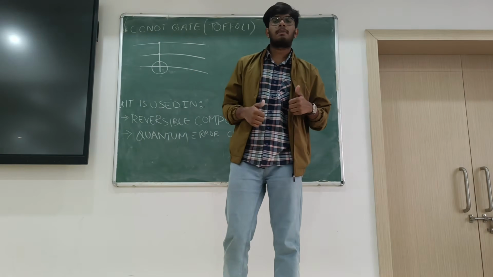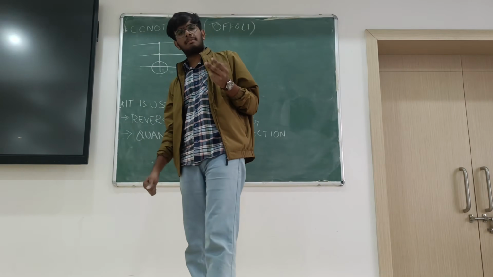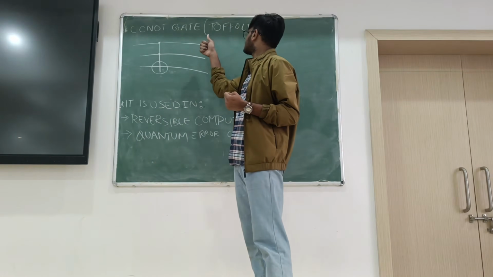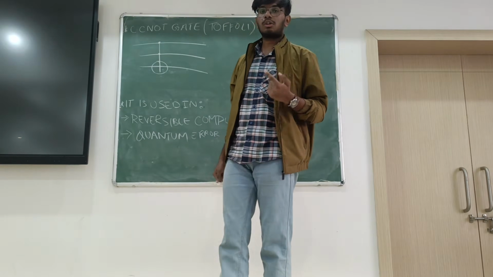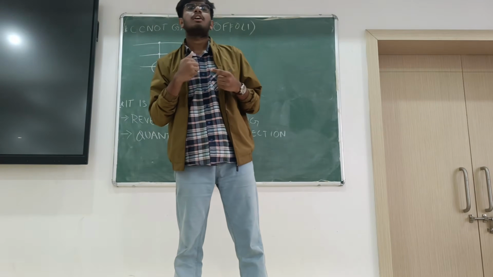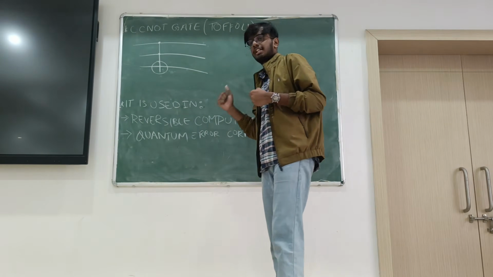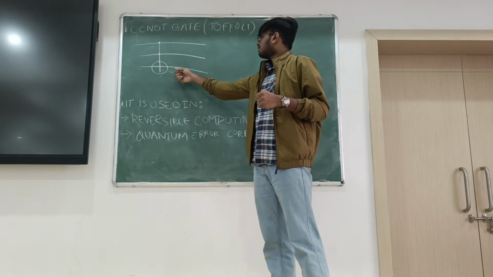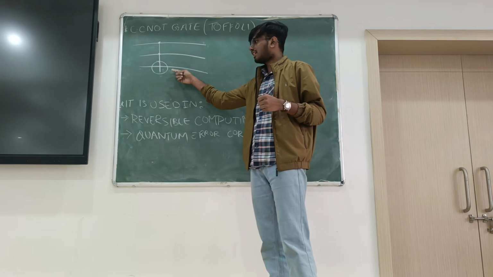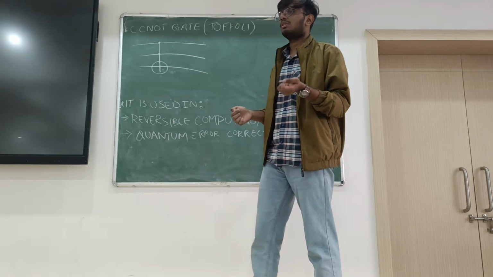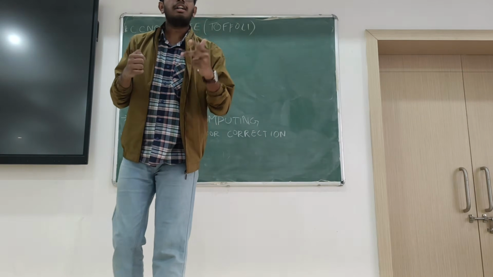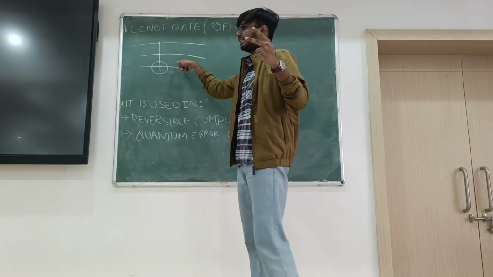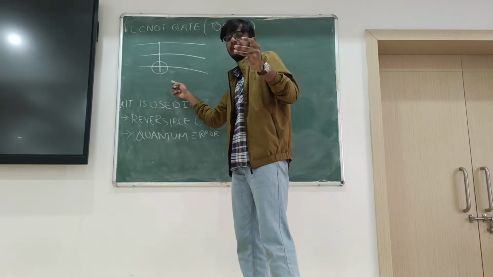Now we are going to talk about a 3-input quantum gate, which is called the Toffoli gate, or the controlled-controlled-NOT gate. The visual representation of the gate is this, and let me tell you what happens here. There are 2 control bits, as you can see, and there is 1 target bit.